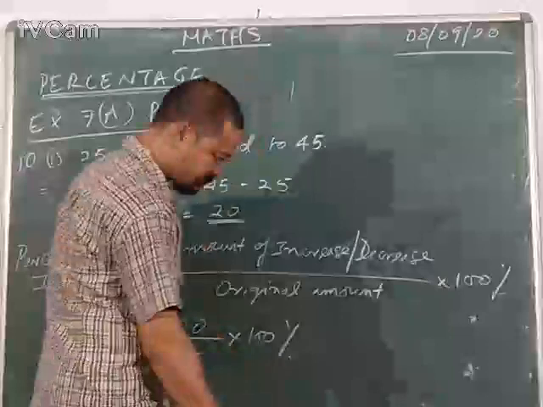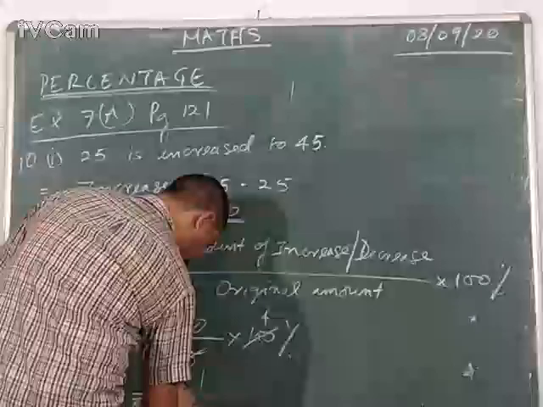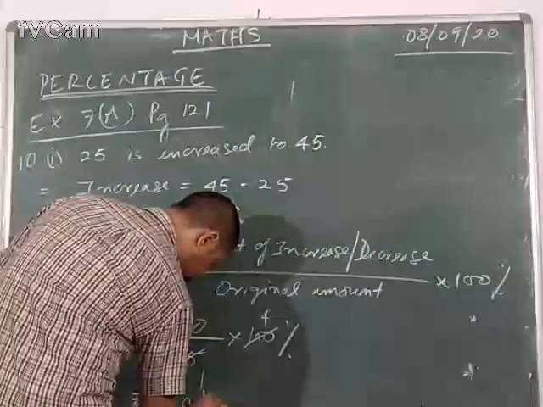So 25 ones are 25, fours are 100, 4 into 20 is 80%.